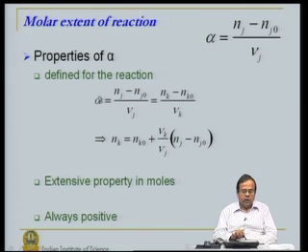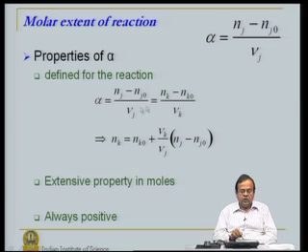In other words, this quantity alpha is defined for the reaction and not for the species. So, I could choose to write alpha as N j minus N j 0 by nu j for the jth species, or N k minus N k 0 by nu k for the kth species, and so on, and these all must be the same, because it is the same reaction that we are referring to.